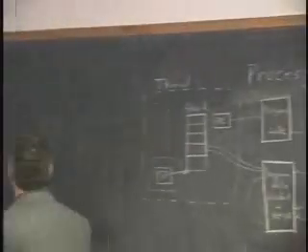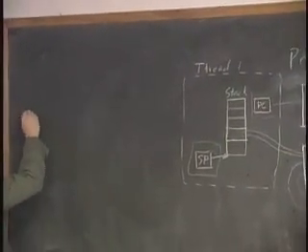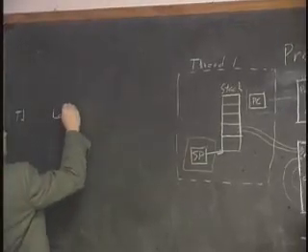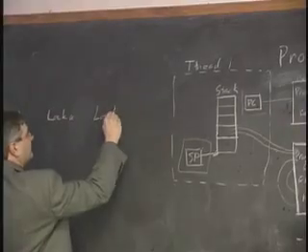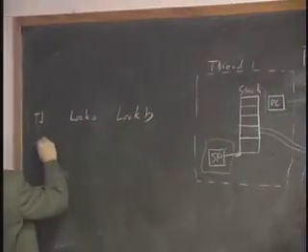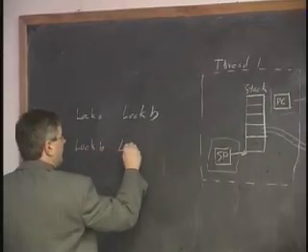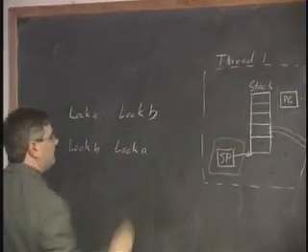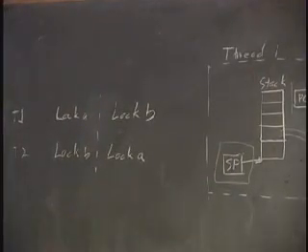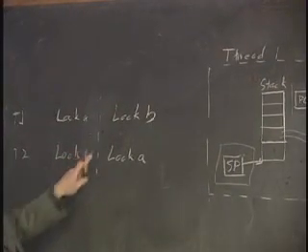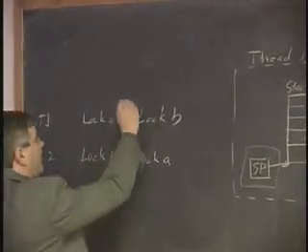So if you have thread T1 doing lock A, lock B, and thread T2 doing lock B, lock A, and both of them get to this point in synchrony, now T1 is trying to lock B, but T2 has it, so he's blocked.